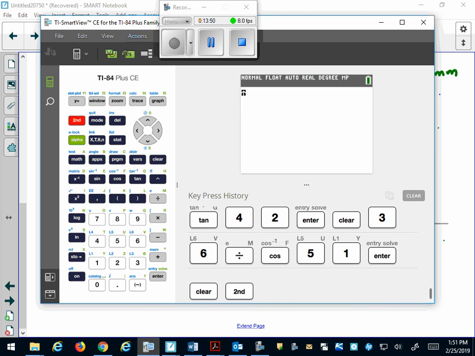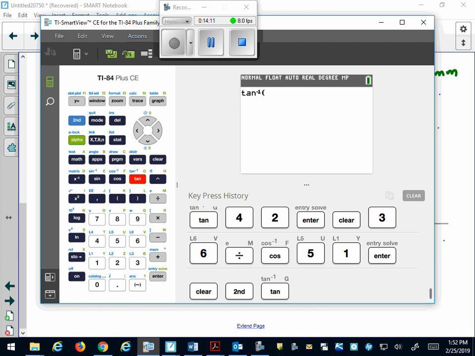And that's this second function button, the colored button that you have on your calculator. So we're going to do second tan. And it shows up on the calculator as a tan to the negative 1. That notation means the inverse tangent.